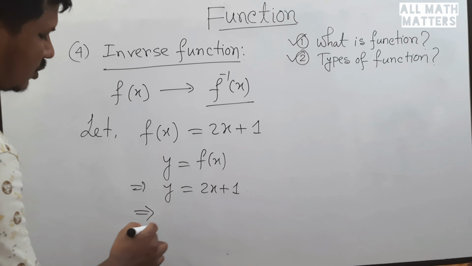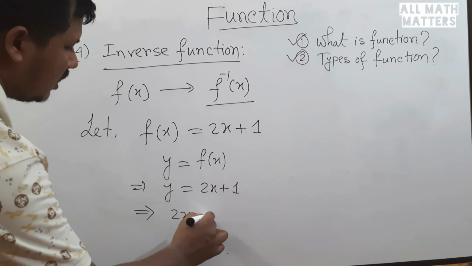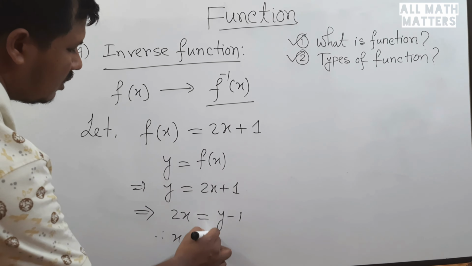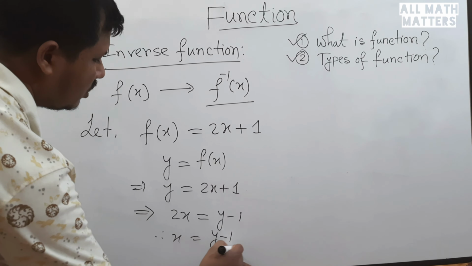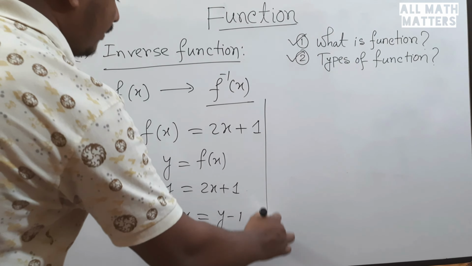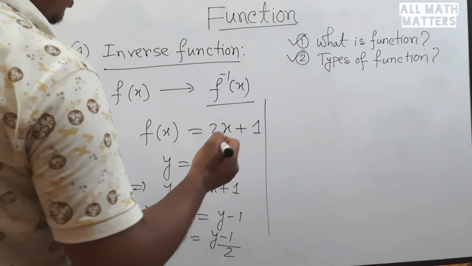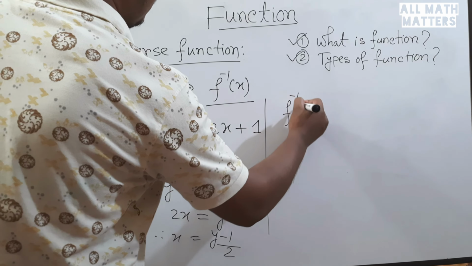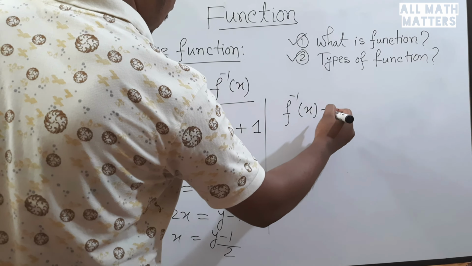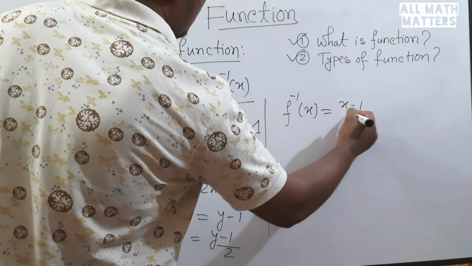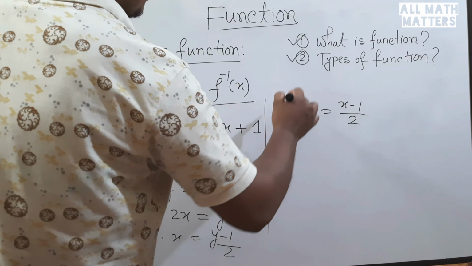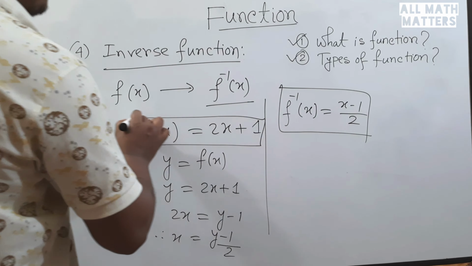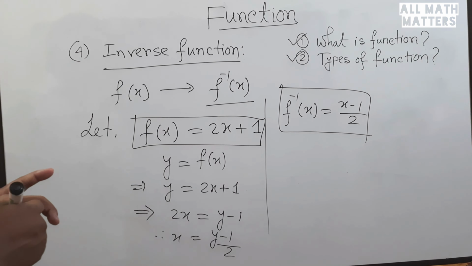If we do some calculation, we get 2x = y - 1, and finally x = (y - 1)/2. Finally, if we replace y with x, then we get the inverse function f inverse of x = (x - 1)/2. So this is the inverse function of the given function f(x) = 2x + 1.